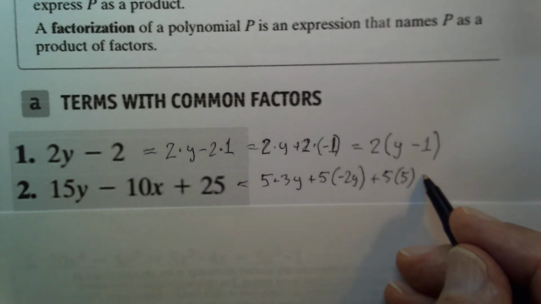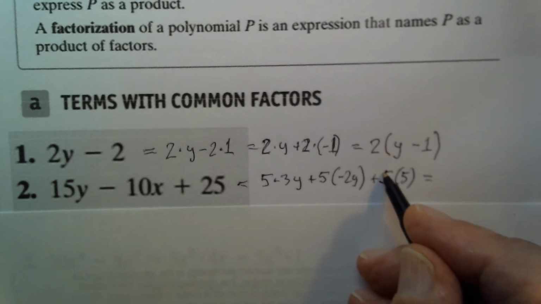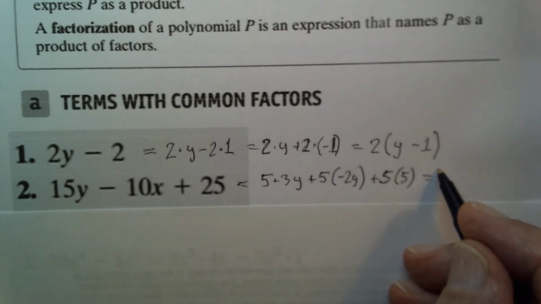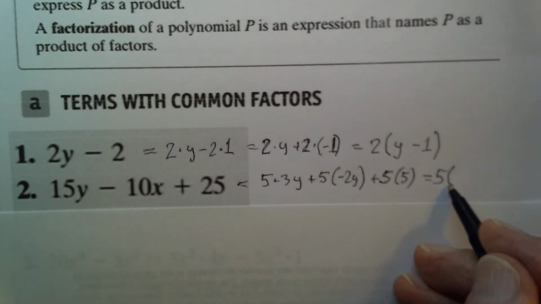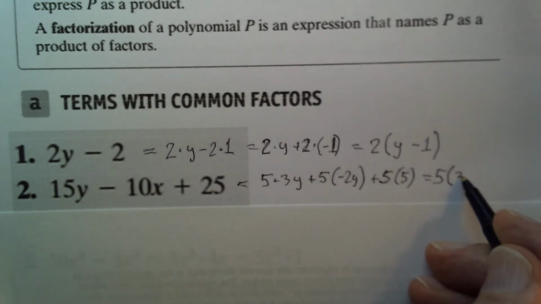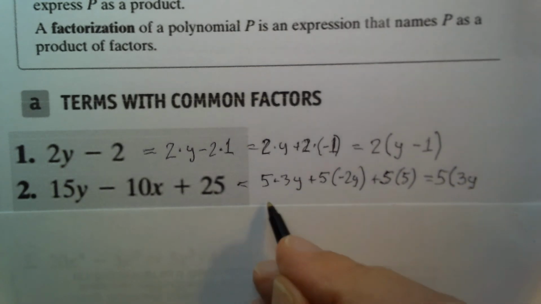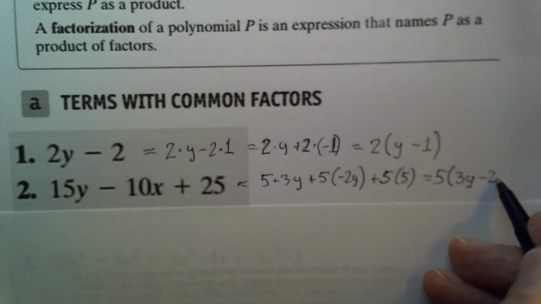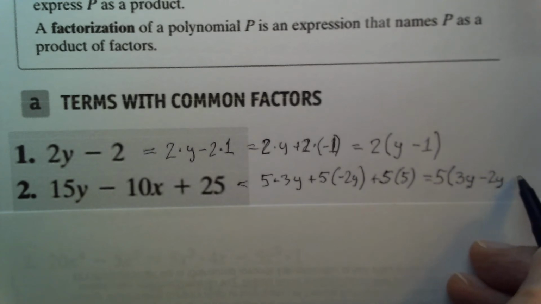So then we can take the common factor of 5 from each term, right in front of the parentheses. So that means then 5 times 3y minus 2y plus 5.